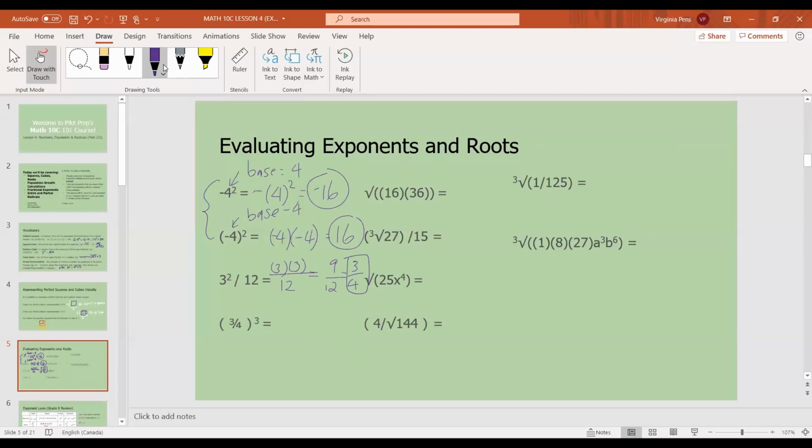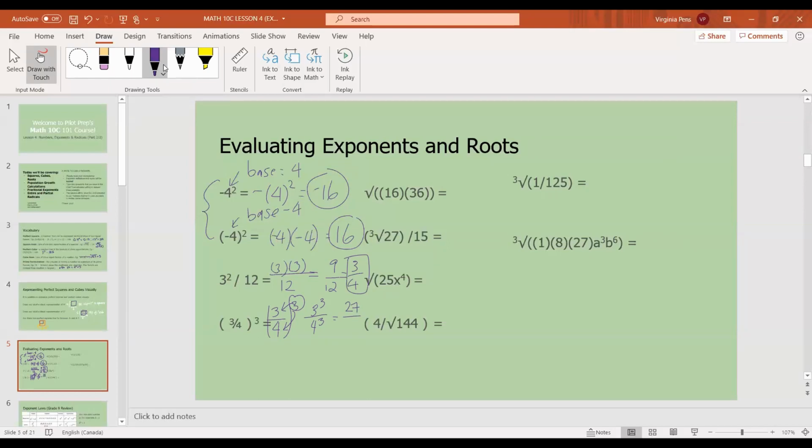All right, next you have 3/4 to the power of 3, so 3/4 cubed. This might look a bit daunting, so I'm going to draw it out in this format. Whenever you have a fraction to a power, remember that the power distributes into both the denominator and the numerator. So this will look like 3 to the 3 over 4 to the 3, which would be, so 3 cubed is 27, 4 cubed is 64.